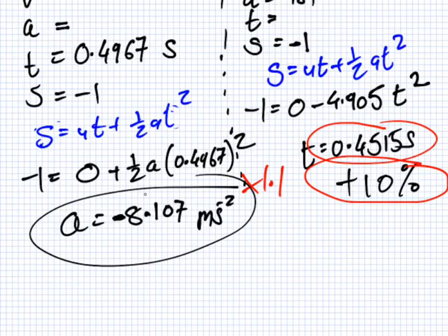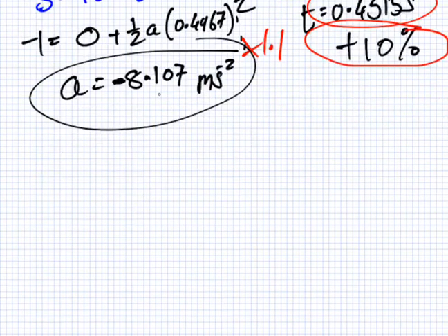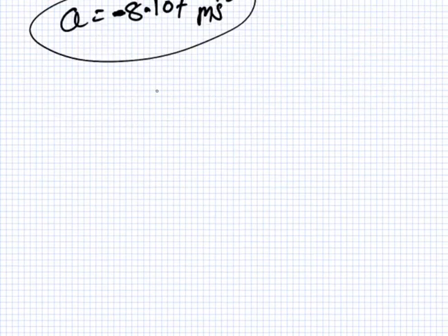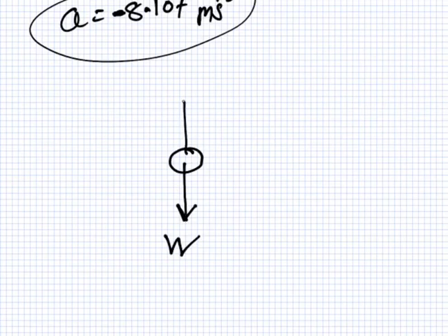So I get my A. So I get A is minus 8.107 meters per second squared.